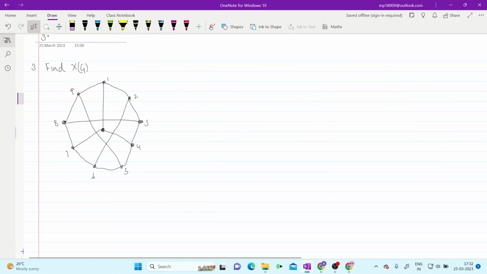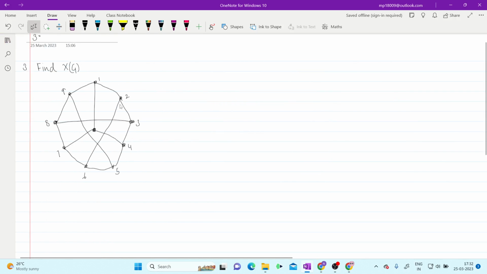Now, next. This is from your practice problems. What is the maximum degree of this graph? 3. Yes, it is 3.